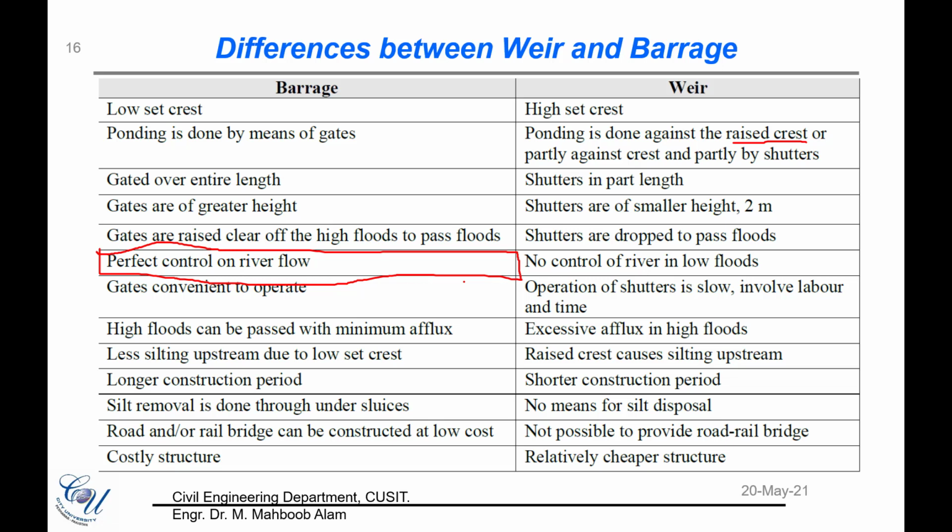So you need to install gates which are not only bigger in size but also strong enough to resist the pressure of water. Gates are usually the structures which in diversion headworks consume most of your economic resource. This is one disadvantage of the barrages.